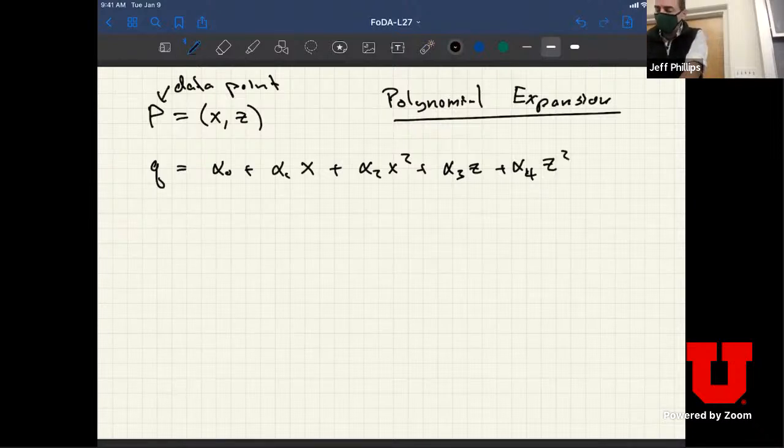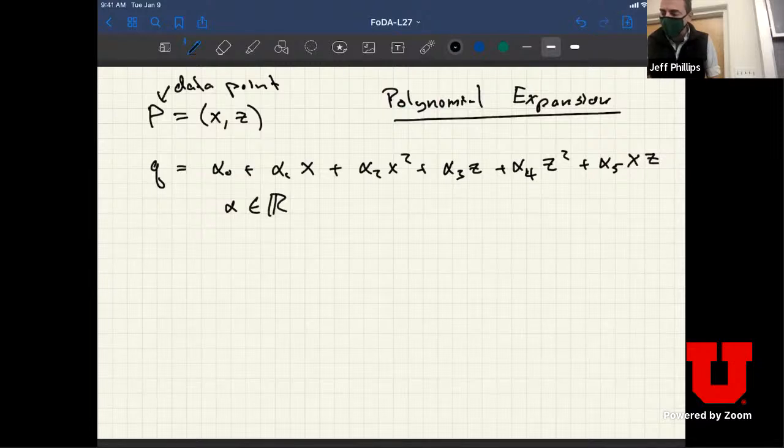And then I also need one more to get a second order expansion, which would be alpha 5 times x z. Typically you want to get all of these. So now my model is given by an alpha vector in R6, with this expansion.